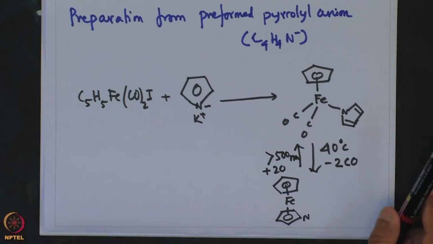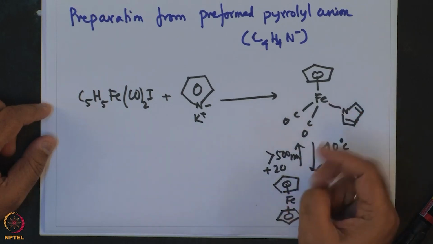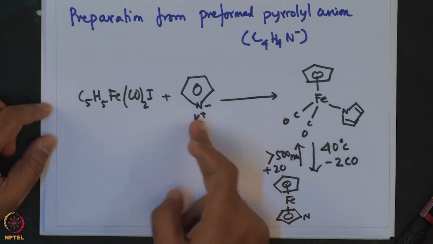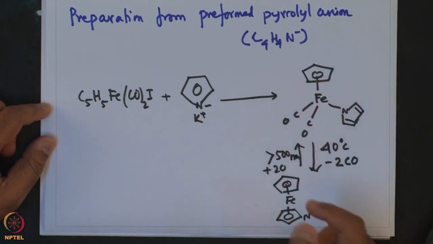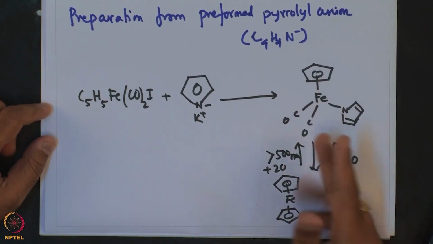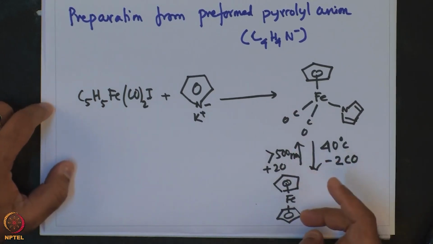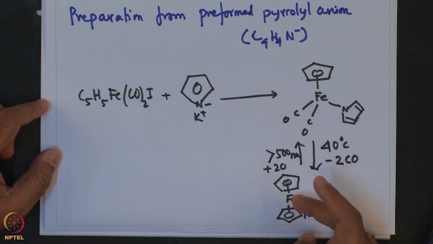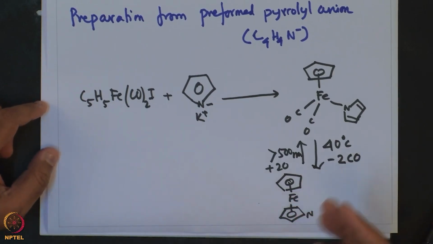So, this is a nice mixed ligand compound, which can be formed from Cp iron dicarbonyl iodide with preformed pyrrolyl anion, giving eta 1 bound Cp iron dicarbonyl pyrrole, which on heating eliminates the 2 CO molecules and gives this cyclopentadienyl iron complex, which is a mixed pyrrole Cp iron complex.